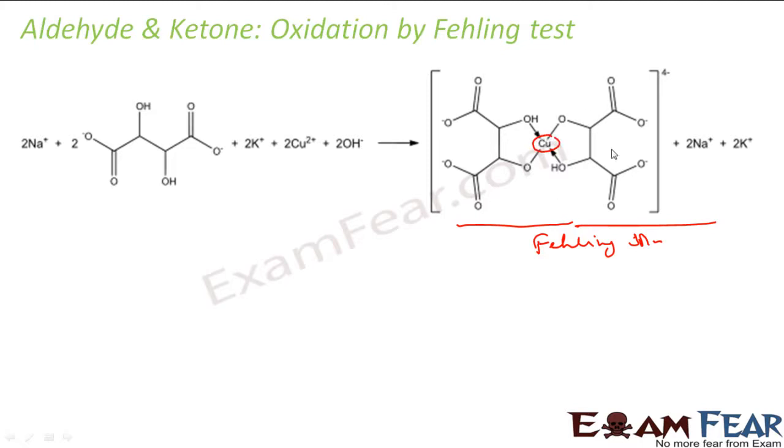It is prepared by mixing two solutions, Fehling A and Fehling B. Fehling A is nothing but copper sulfate solution, which is blue in color, and Fehling B is sodium hydroxide and potassium sodium tartrate, also called Rochelle salt.